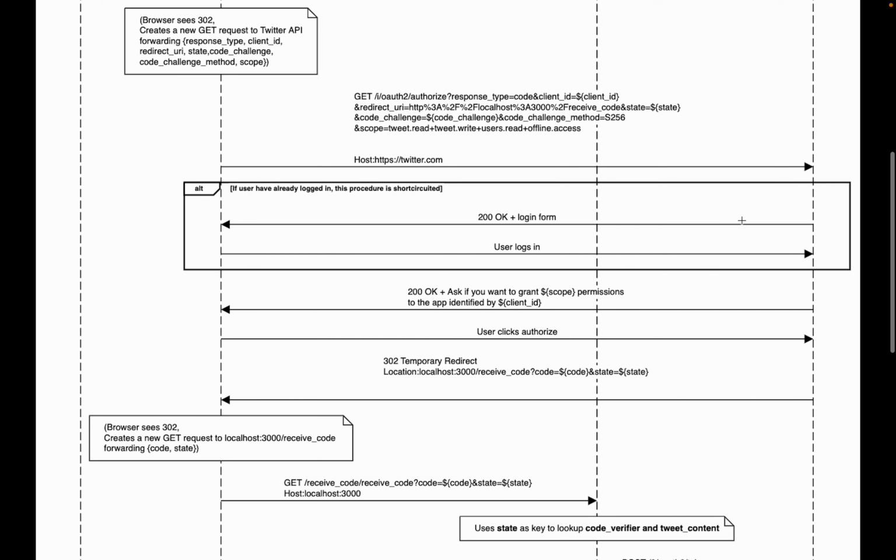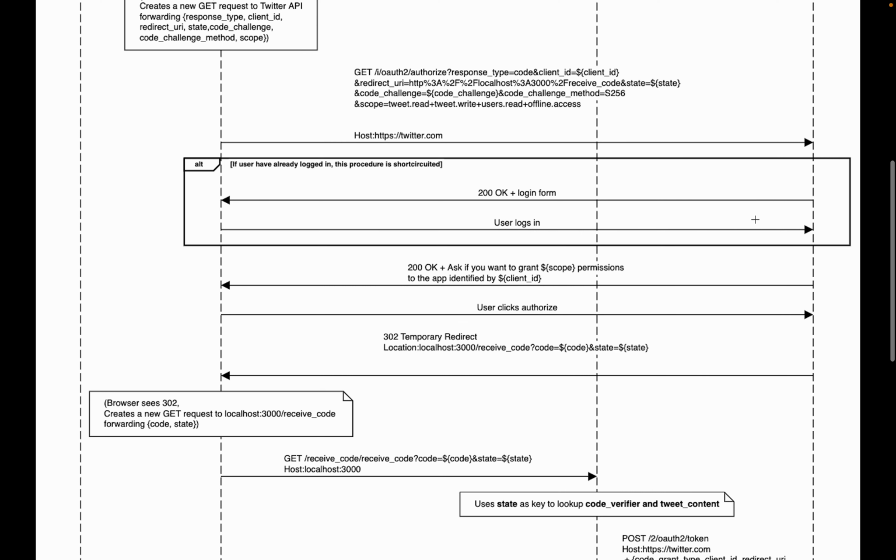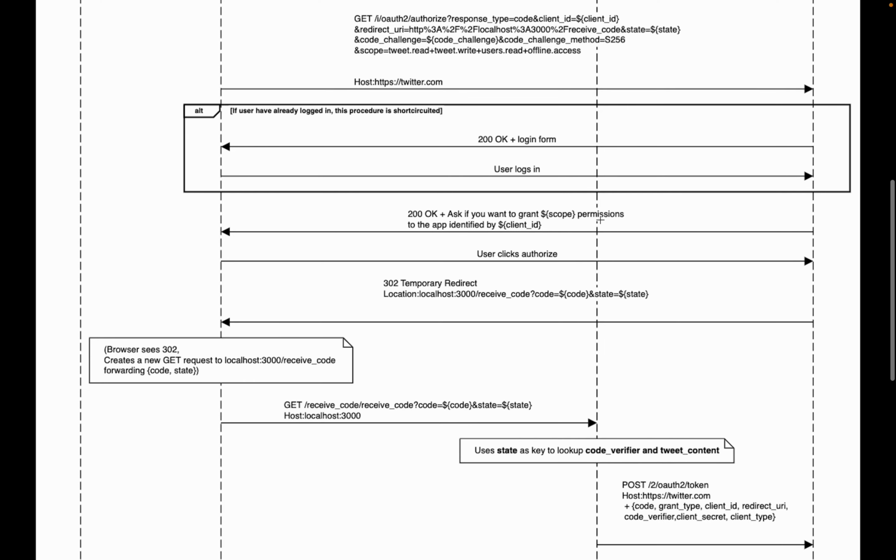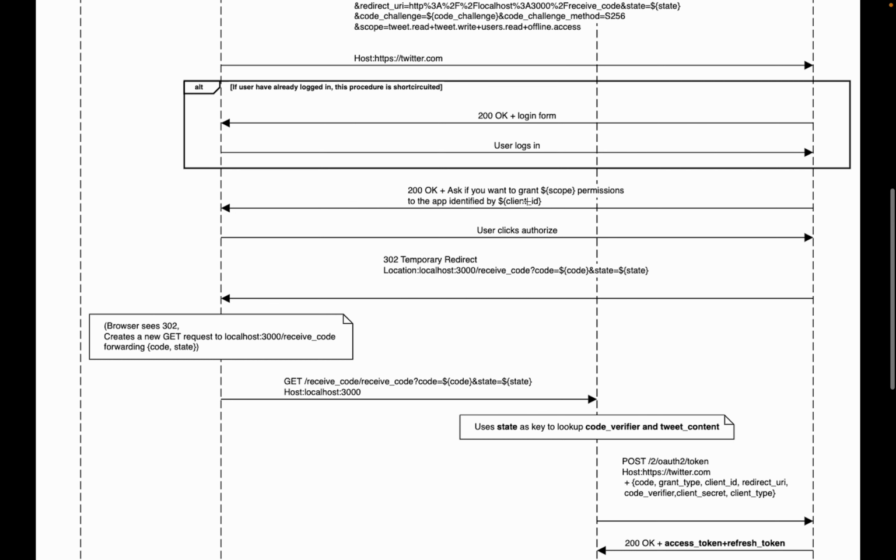If the user is not logged in, it's going to send back 200 OK with a login form for the user to log in. If the user has already logged in, it's going to send back 200 OK and the grant permission page, asking if the user wants to grant the permission to the application identified by the client ID.